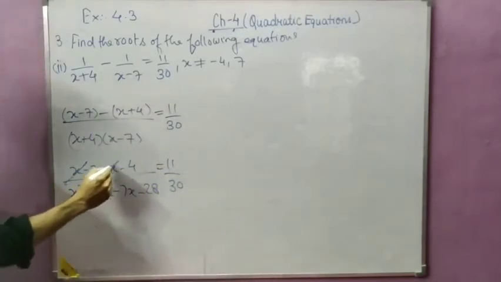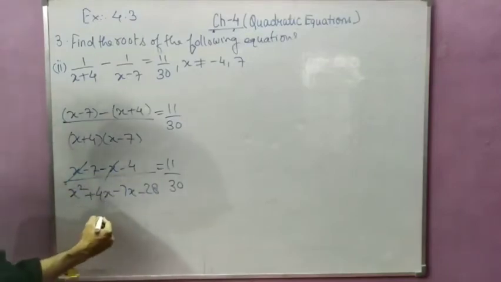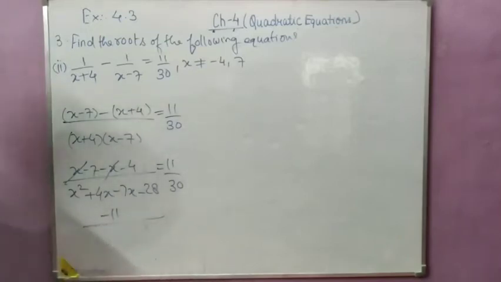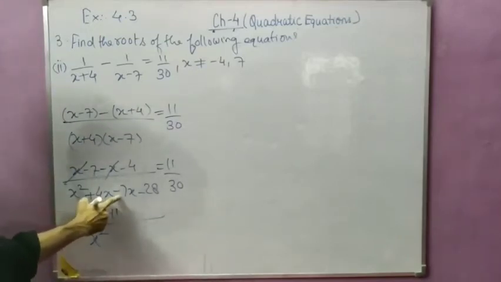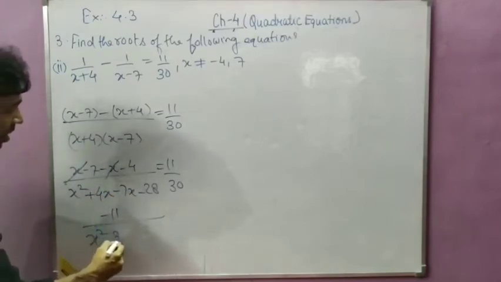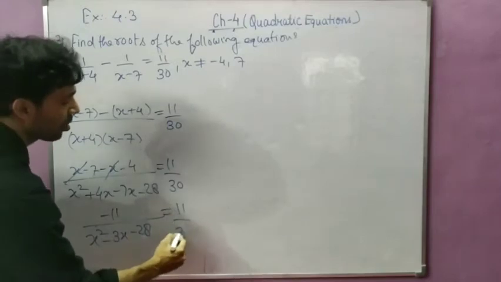Now this x cancels. So what will be left? Minus 7 and minus 4 will become minus 11, divided by x square, here plus 4x minus 7x will become minus 3x, and minus 28, equal to 11 by 30.